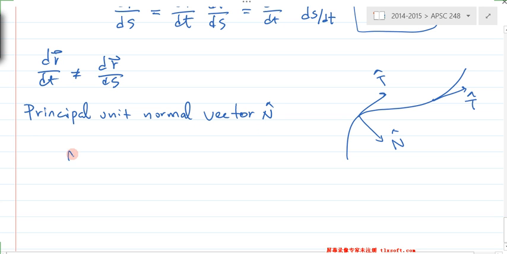N hat basically indicates the direction where the curve is turning.